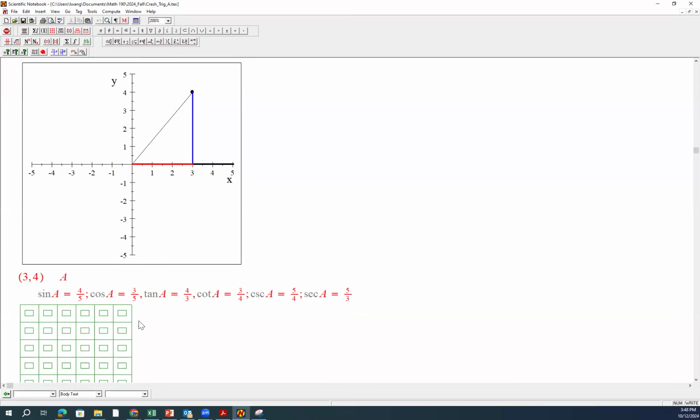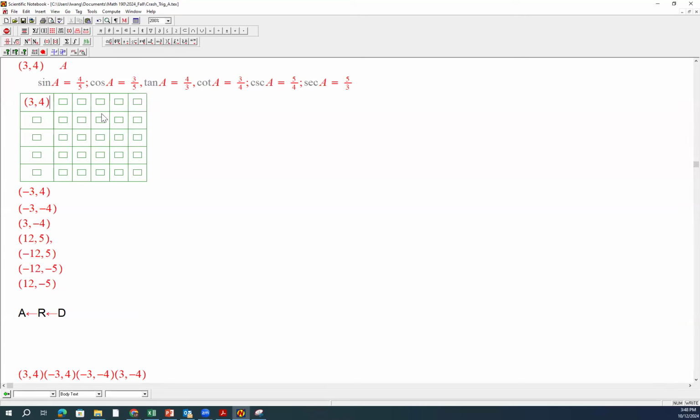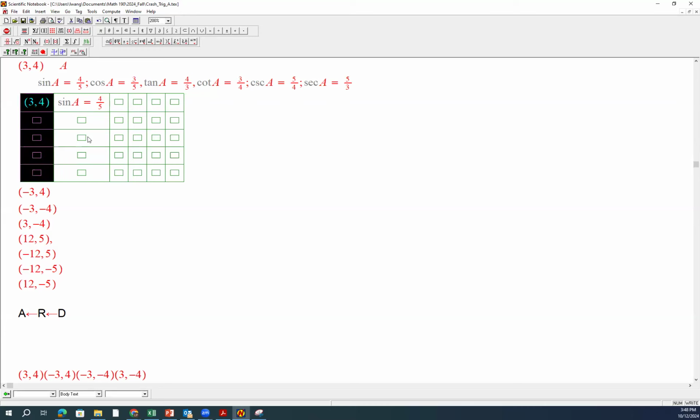For the first point we have an angle, right? In fact, maybe we need another column. No, we don't. Sine of A, we got it. Once we know the point, I think we should make a column for R, but for now we don't need it.